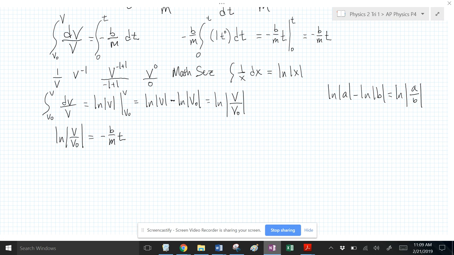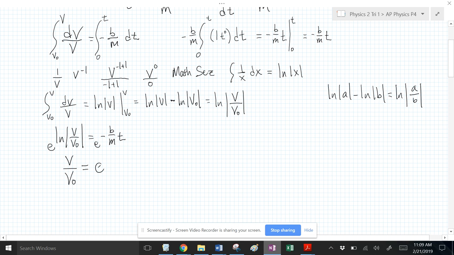So how do we get v by itself? Well, we have to get rid of this natural log, and we do that by taking e to the natural log of v over v naught, which is fine as long as we do the same thing on the other side. These are inverse functions, so e to the natural log of v over v naught becomes v over v naught. V naught is, again, the initial velocity.